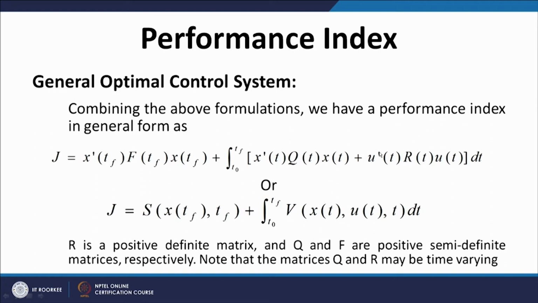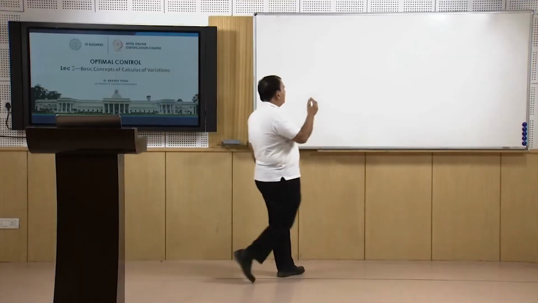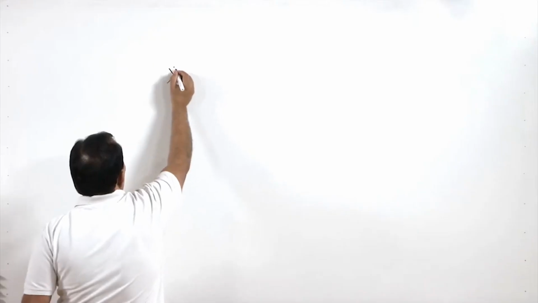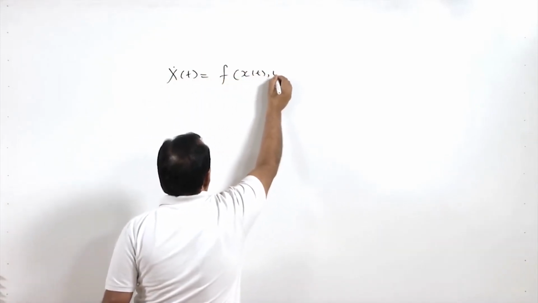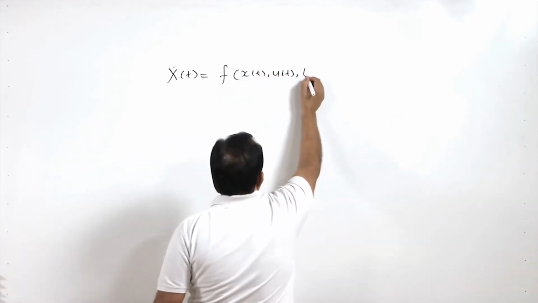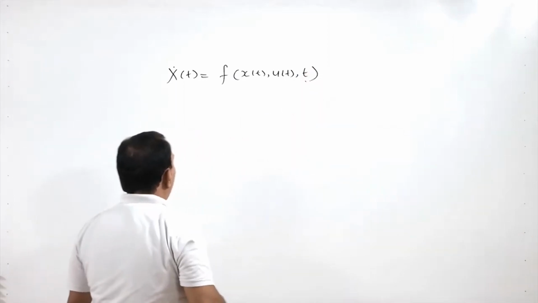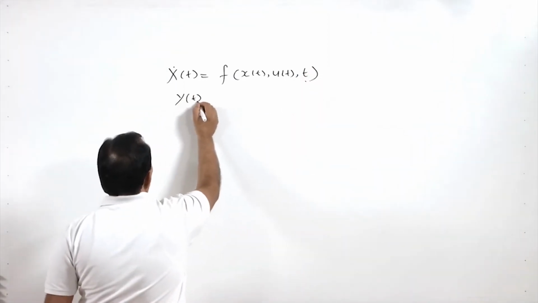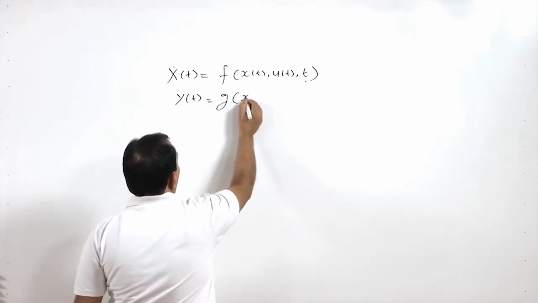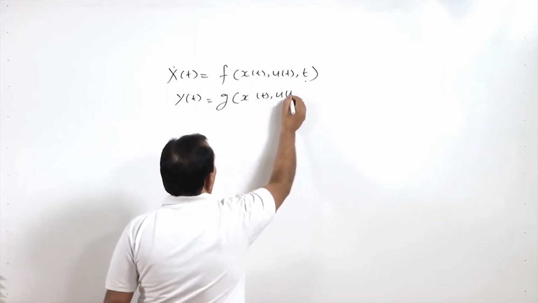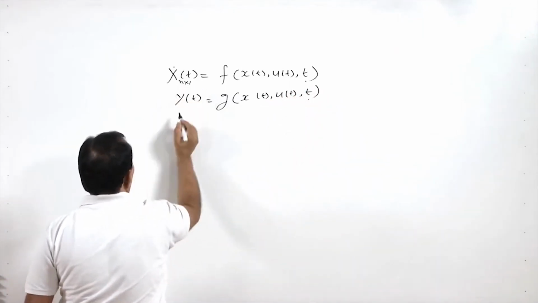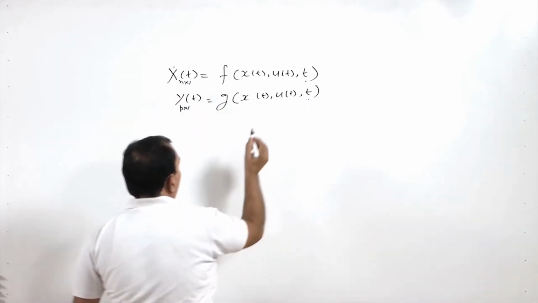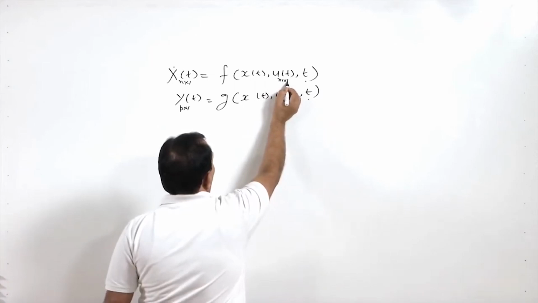So, this is when I am representing my system in linear form. In general, we represent our system as x dot t equal to f of x t u t t, and y t may be g of x t u t t, where x is n cross 1, y is p cross 1, and u is m cross 1.